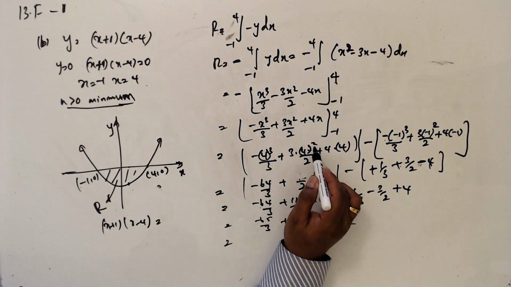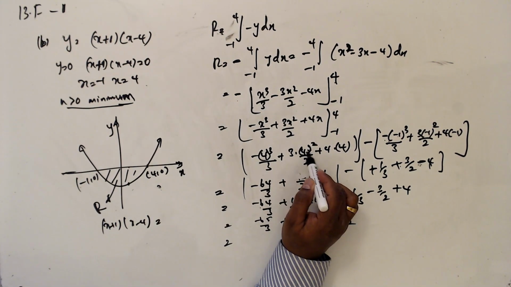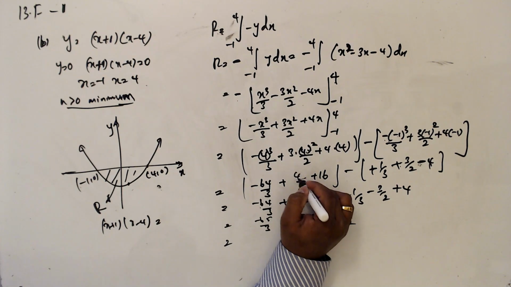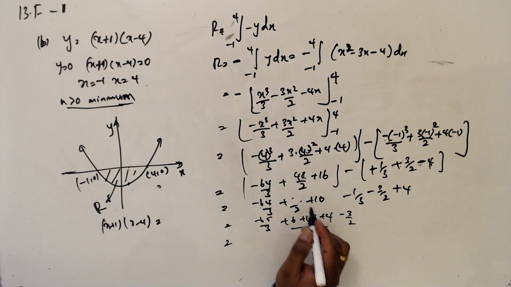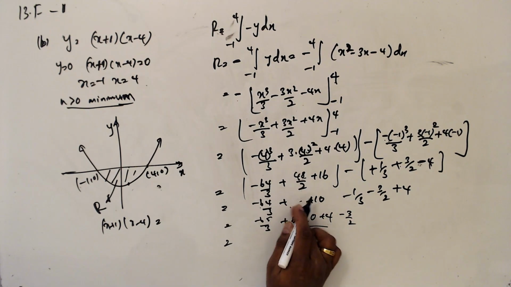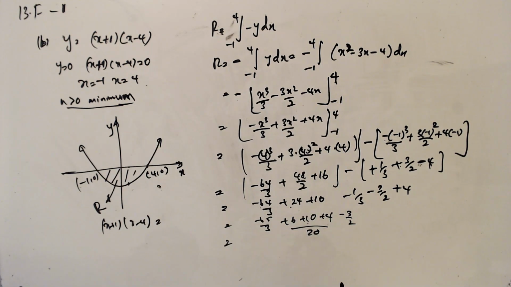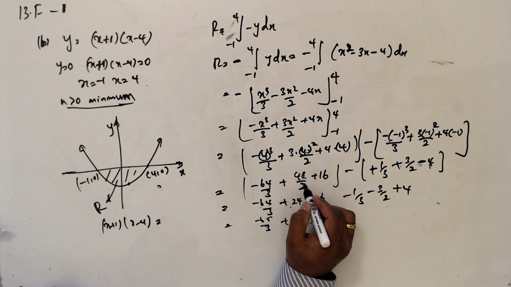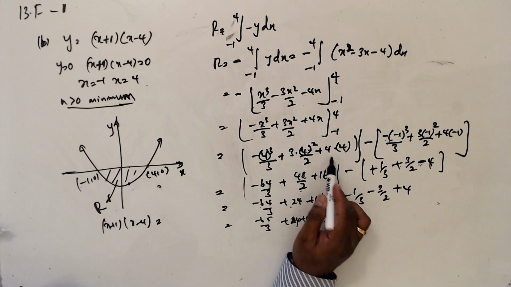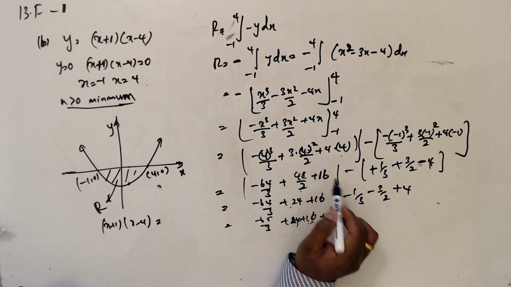This is 3 times 4 squared, so 16 times this is 48. So this is 48 over 2, this is going to be 24. And this is 4 times 4, this is 16.